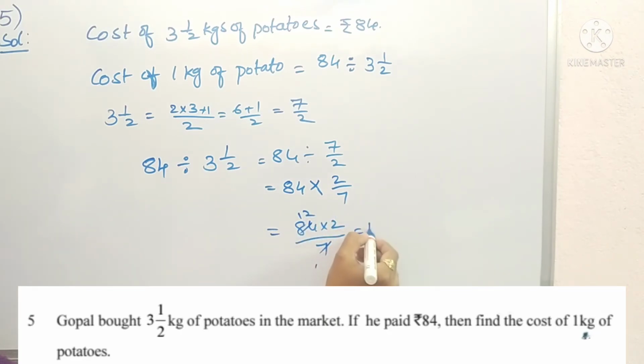So 12. So 12 into 2, 24. So what is the cost of 1 kg potato? It is 24 rupees. Cost of 1 kg potato is 24 rupees. Okay.